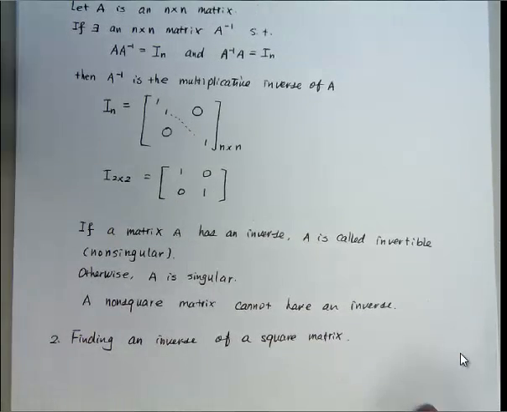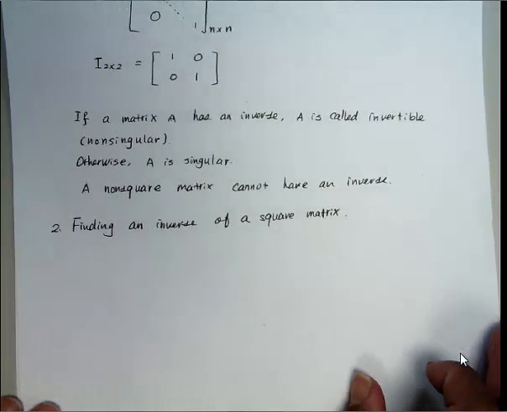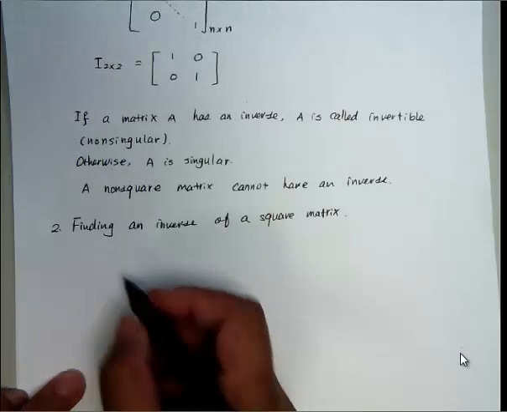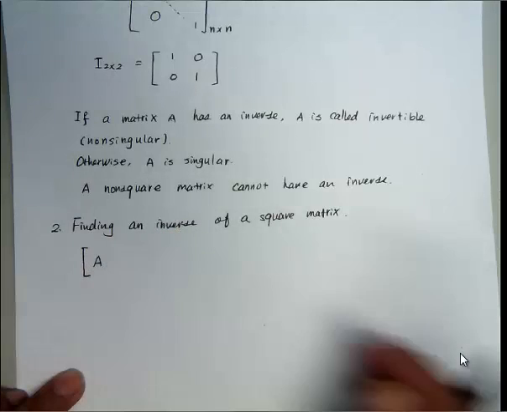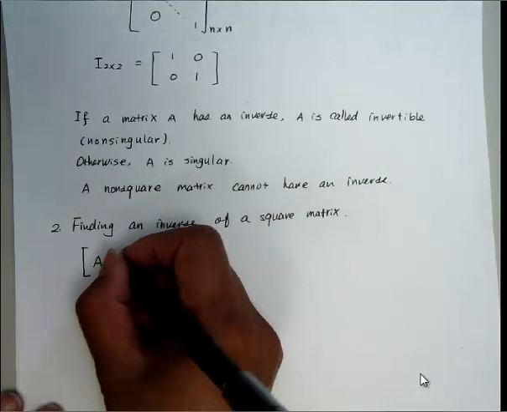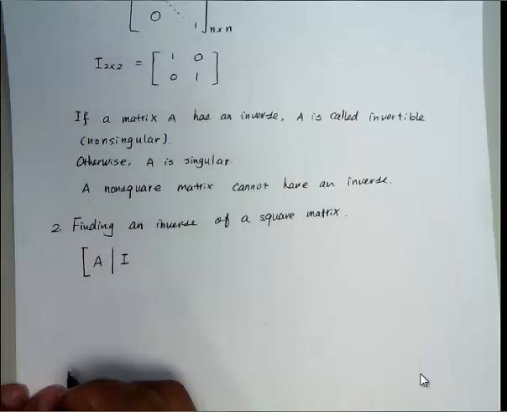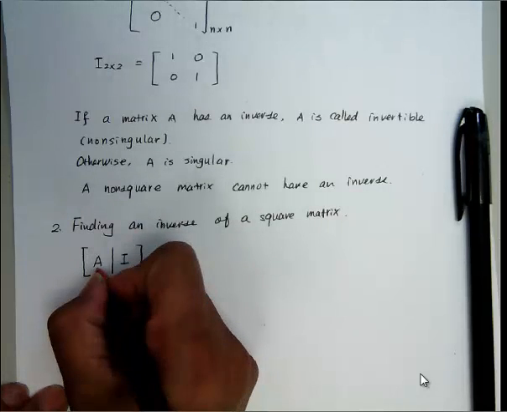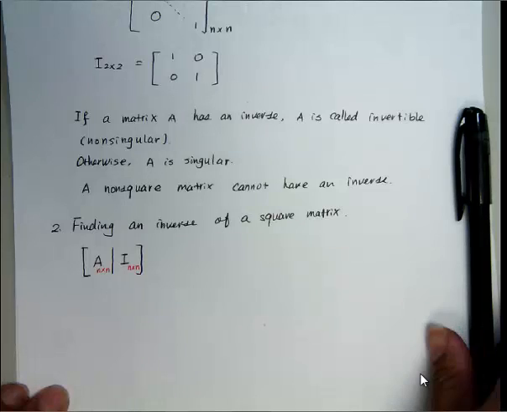The one I want to share today is the Gauss-Jordan method, do you remember it? We are going to put the matrix A on the left-hand side of the augmented matrix, and on the right-hand side we are going to put the corresponding identity matrix, which means if A is an n by n matrix, we put a corresponding n by n identity matrix.